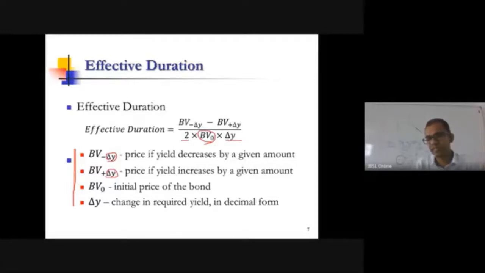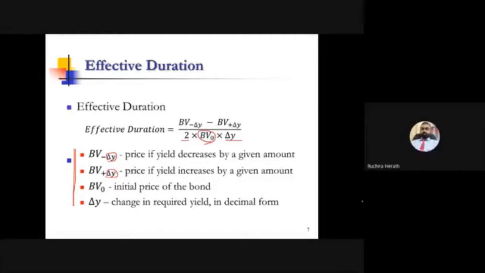The change in yield is 0.25%, adding and subtracting the same amount to the current yield. Is it clear? Yes, sir. Okay.